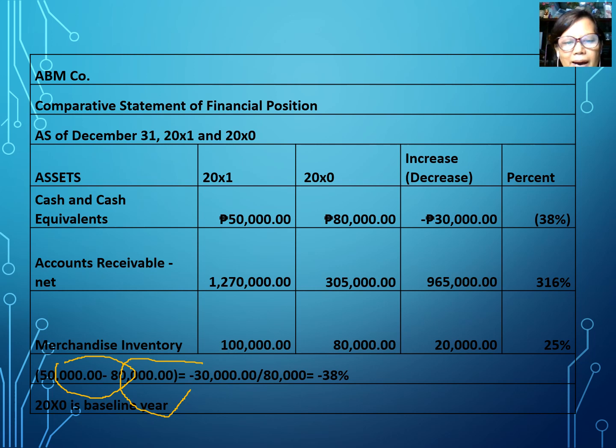Then you're going to divide by the amount in the base year of 20x0. And that will give you a negative 0.38 or negative 38%.